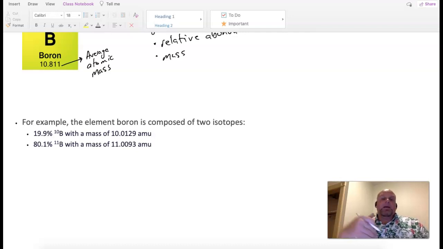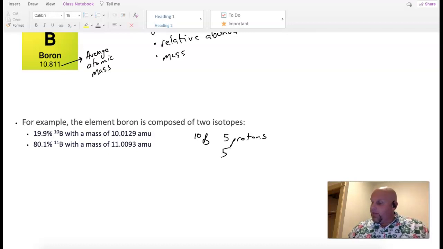That means that if I have an atom of boron, 19.9% of the time, I'm going to have boron 10, which means 5 protons and 5 neutrons. 80.1% of the time, I'm going to have boron 11 with 5 protons and 6 neutrons.